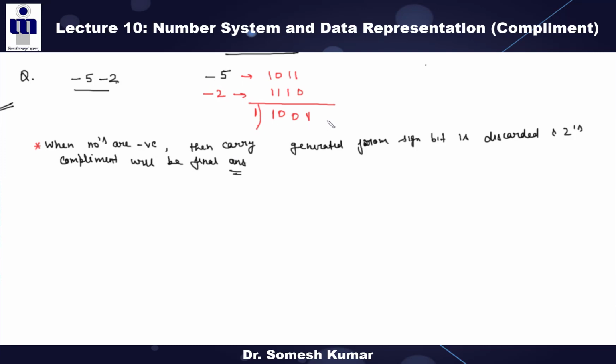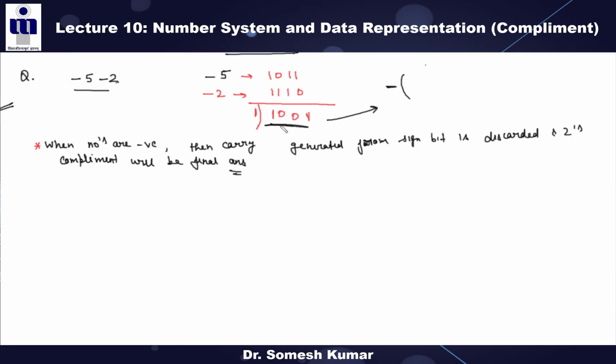So now what do you have to do? For the final answer, what is minus 5 minus 2? Minus 7, but this is not minus 7 yet. So for the final answer, you have to take the 2's complement of this. This 1 means it should be negative.